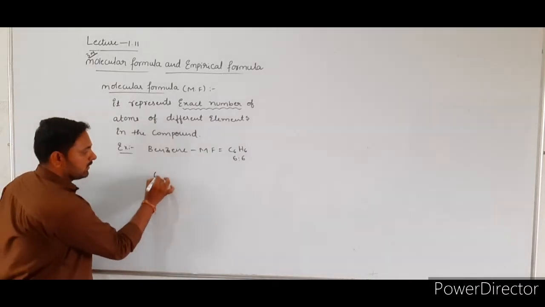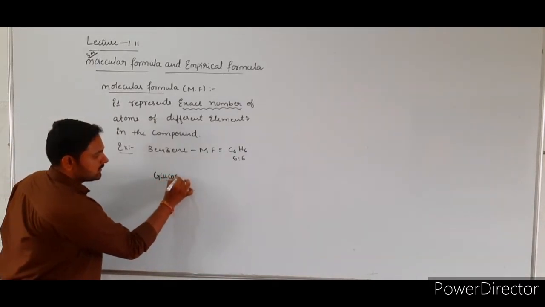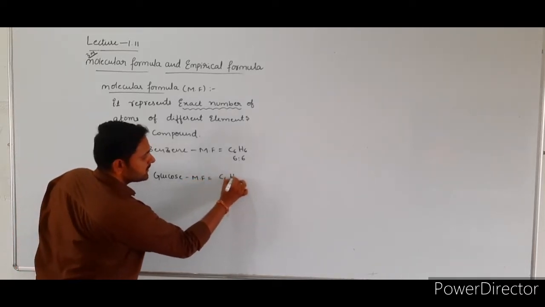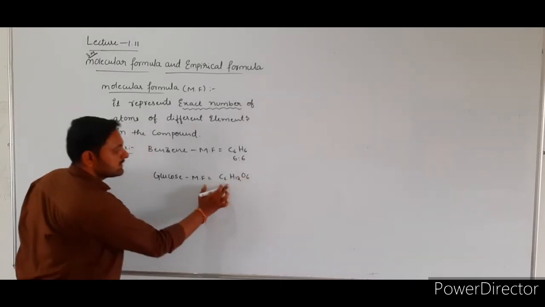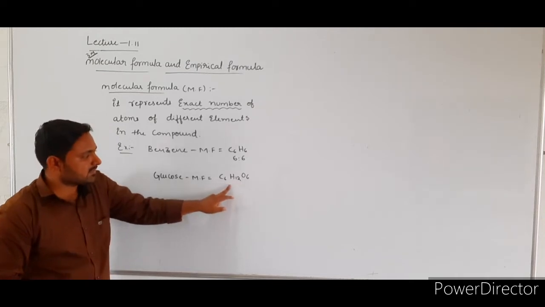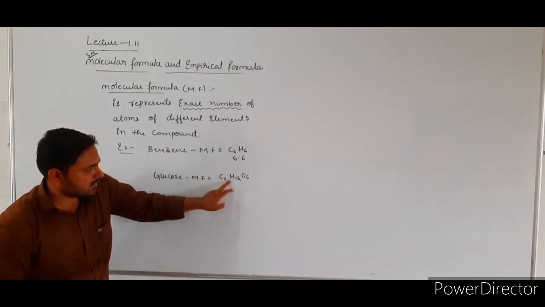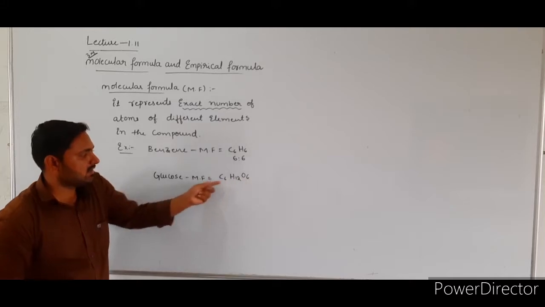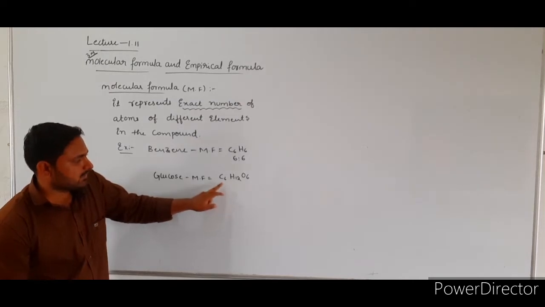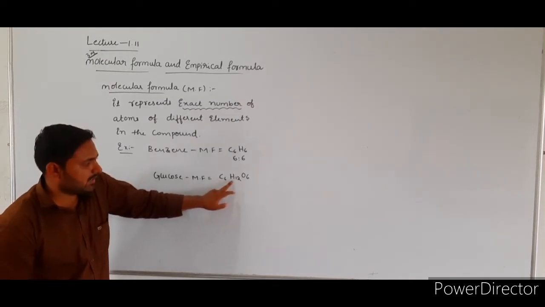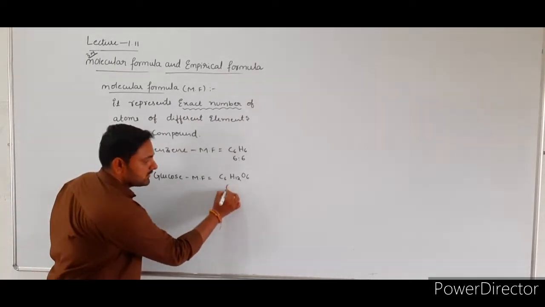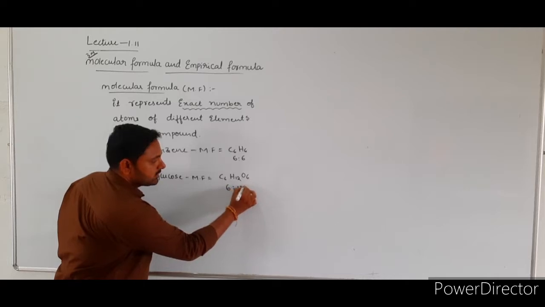Next, another example, glucose. What is the molecular formula of glucose? C6H12O6. This molecular formula represents the exact number of carbons, hydrogens and oxygens in glucose.